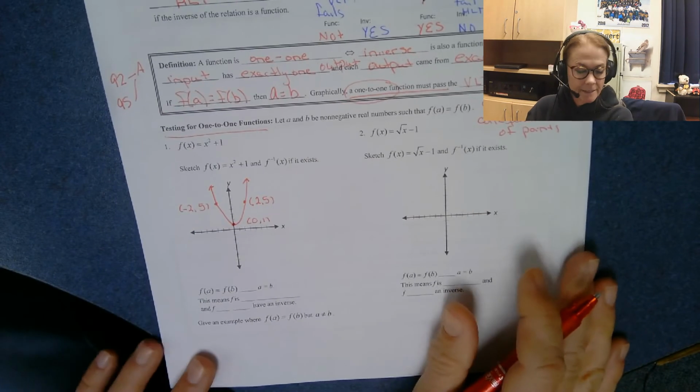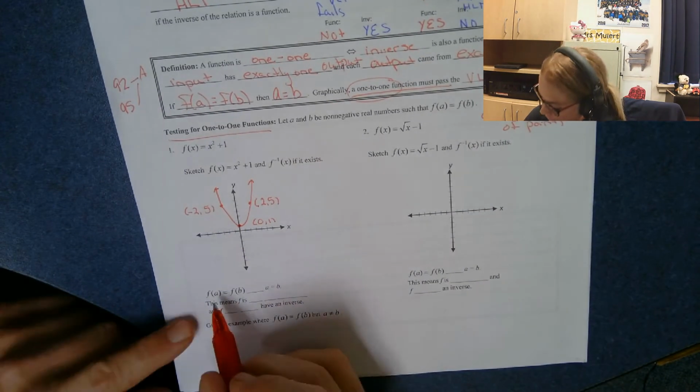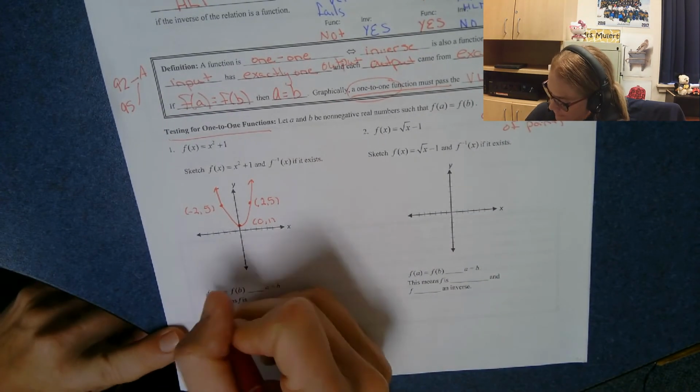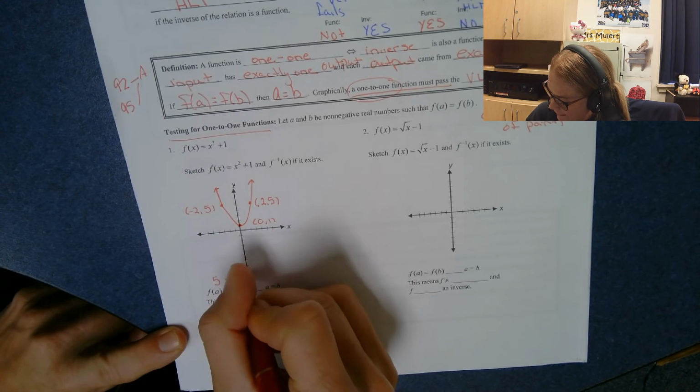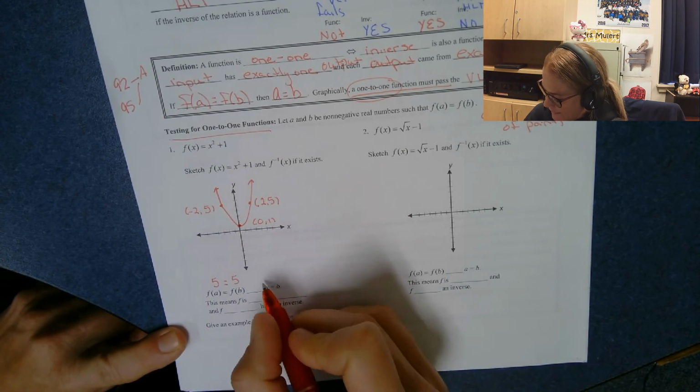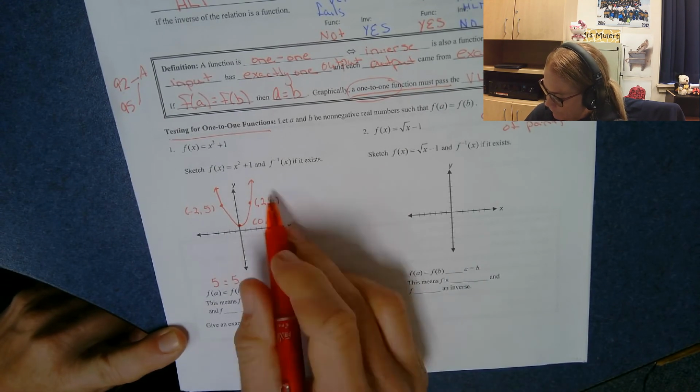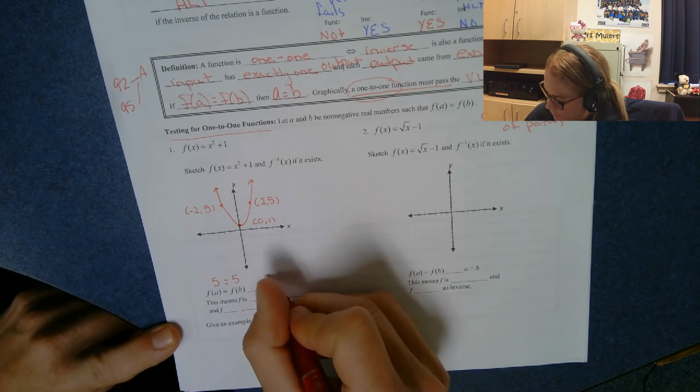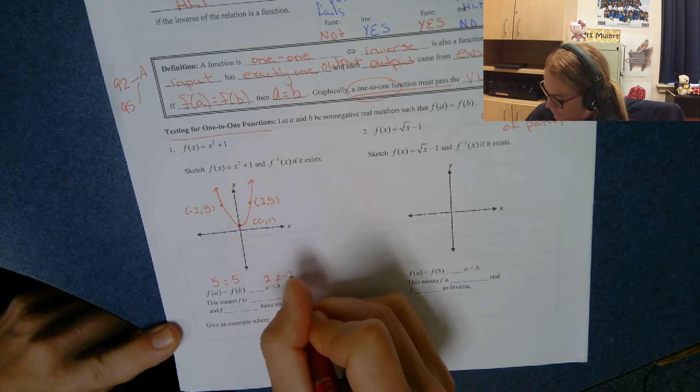So we're testing to see if it's a one-to-one function. Okay, so if you see where f of a equals f of b, so 5 equals 5. However, for whichever one you want to be a, 2 does not equal negative 2, okay?